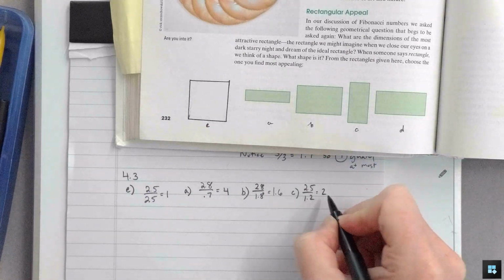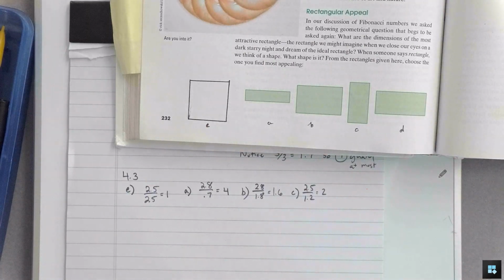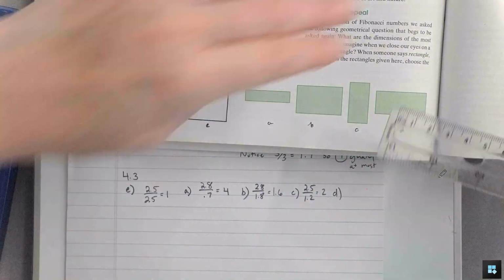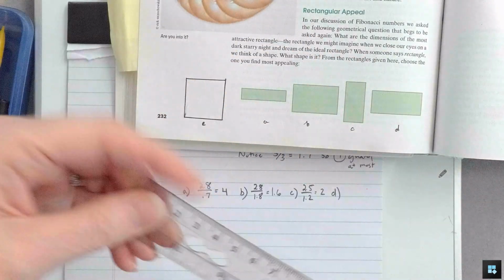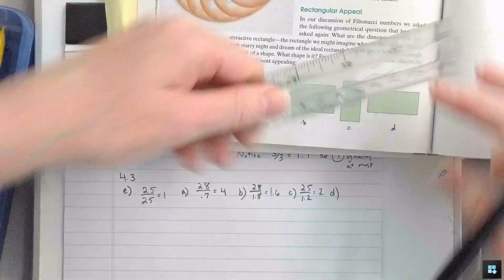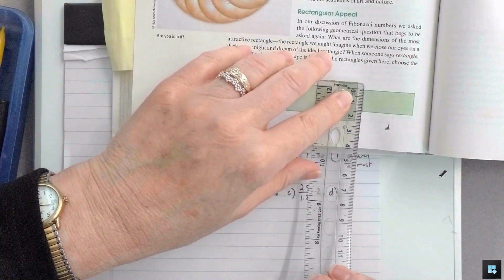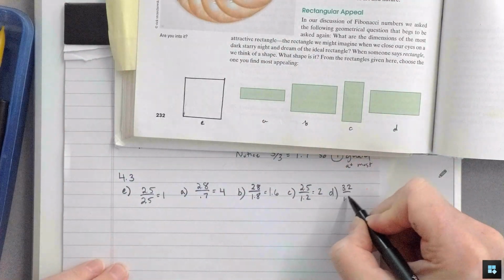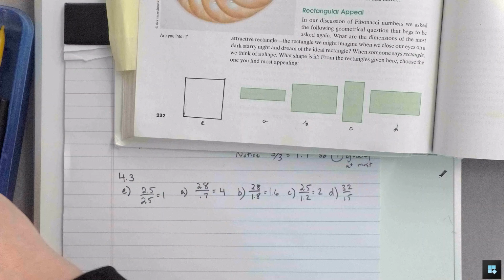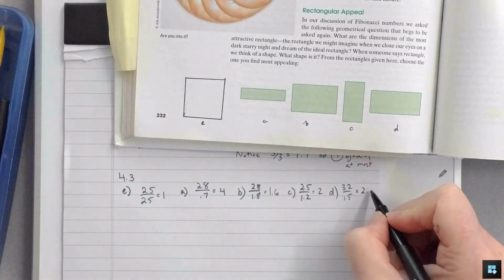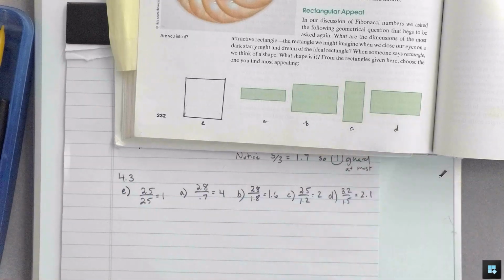So two times as wide as it is tall, or the other way around, 2 times as tall as it is wide. This one's 3.2 to 1.5. So this was 2.1. So a little bit more than twice as wide as it was tall.